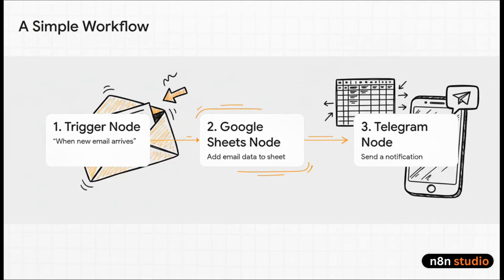Let's go back to that first example because it shows this perfectly. Step 1 is a special kind of node called a trigger. It's the starting block that says, hey, when a new email arrives, start working. That node then passes the email data to step 2, the Google Sheets node, which says, okay, take this data and stick it in a new row on my sheet. Then finally, that triggers step 3, the Telegram node, which says, all done, now send me a message. See, it's just a simple chain of command.